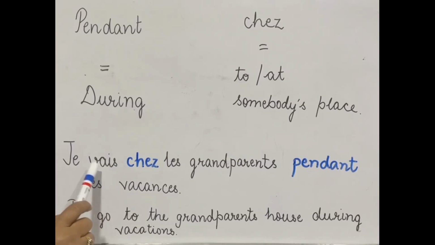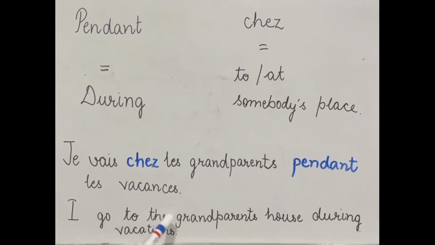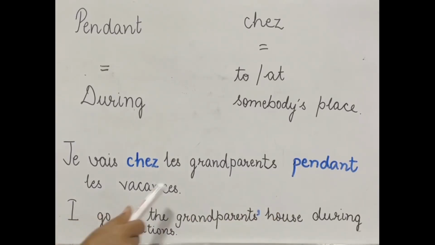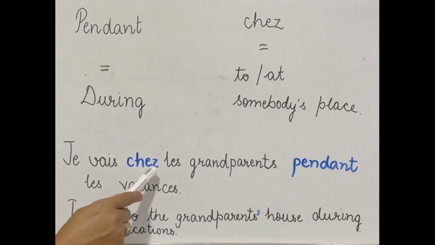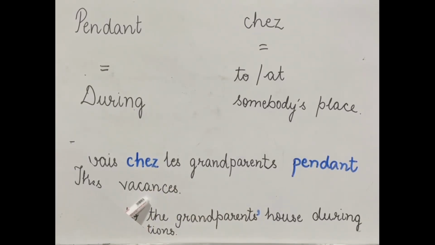With je, it is je vais. So this is I go. Now, chez les grands-parents means to the grandparents' house. So I go to the grandparents' house pendant les vacances, during the vacations. So Je vais chez les grands-parents pendant les vacances.